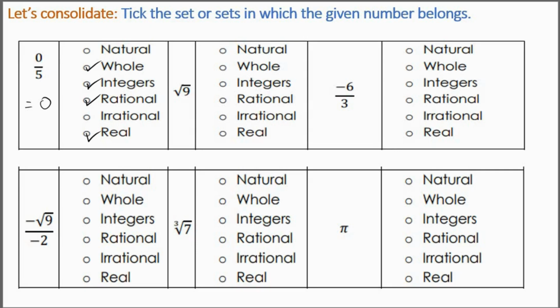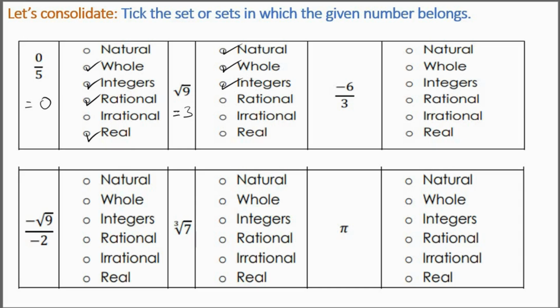Now we go to root 9. We know the square root of 9 is 3. So we use 3 to categorize root 9. So is it a natural number? Yes, it's included because natural numbers start from 1. And whole number? Yes, it's included because whole numbers start from 0. Is it an integer?